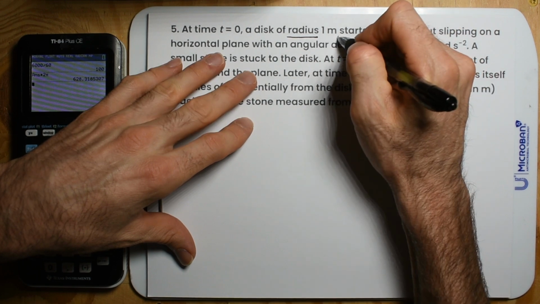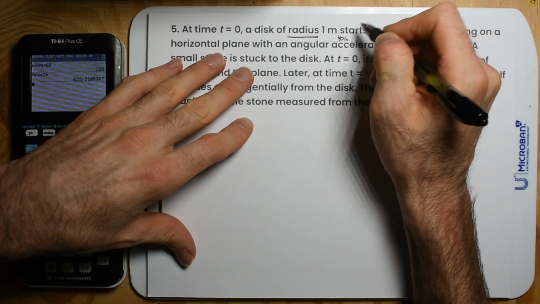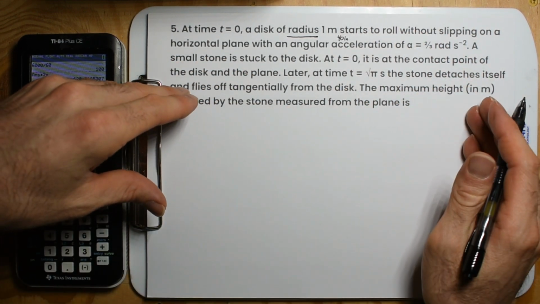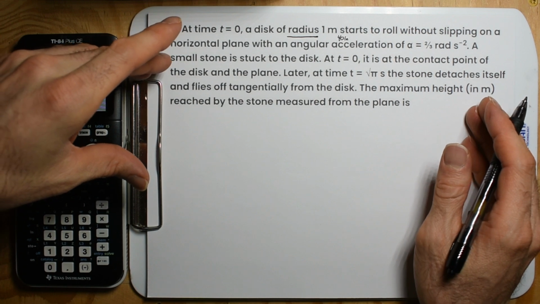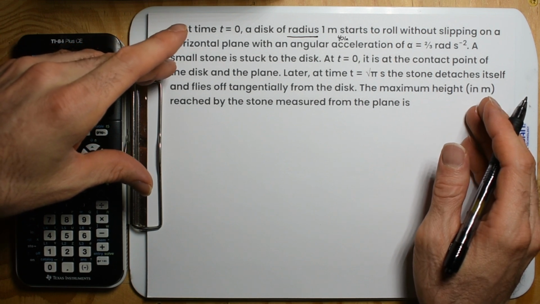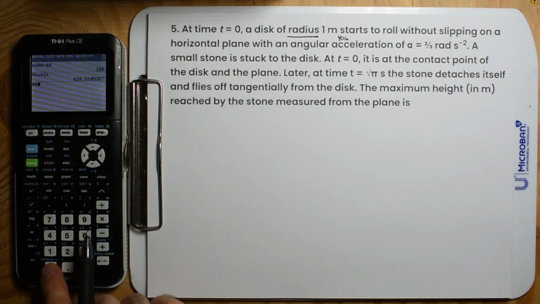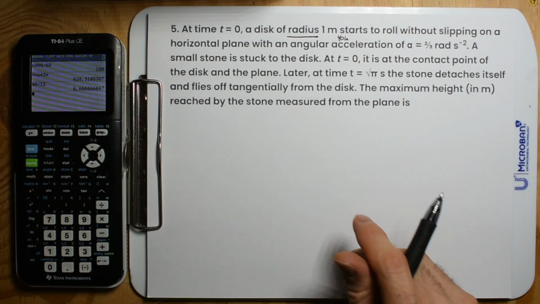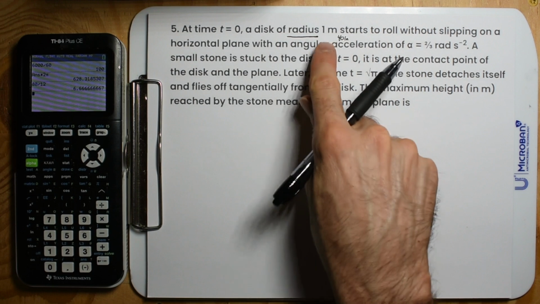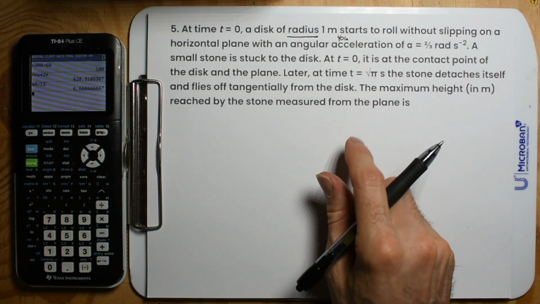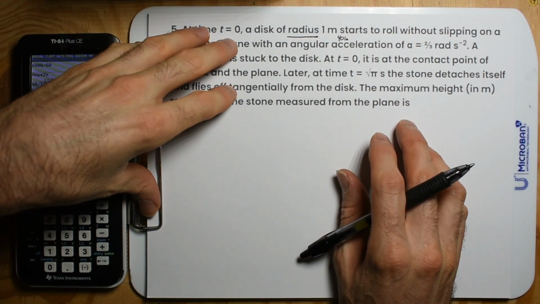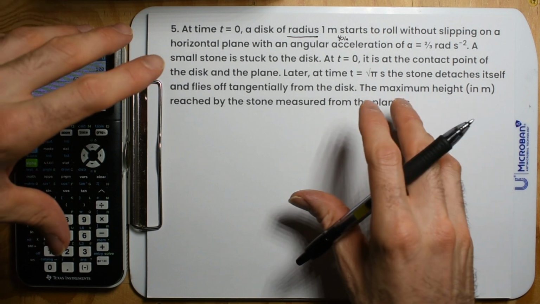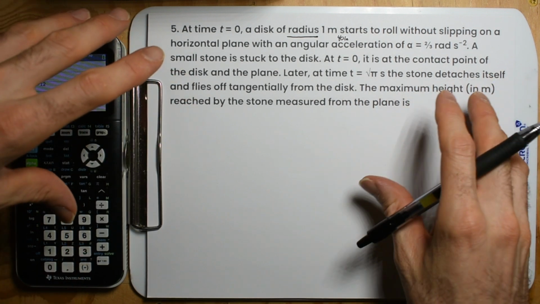I always say 40 inches in a meter. So that's 80 inches. This is a huge disc. Isn't that like 7 feet? 80 divided by 12 is 6.5 feet. I apologize. But yeah, it's 1 meter radius, 80 inches, 6.5 feet in diameter.